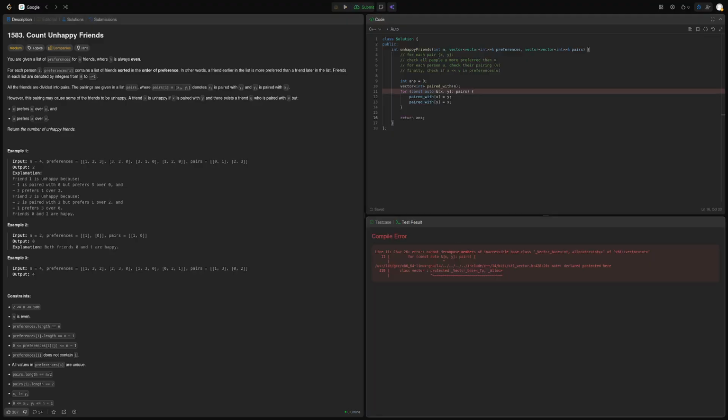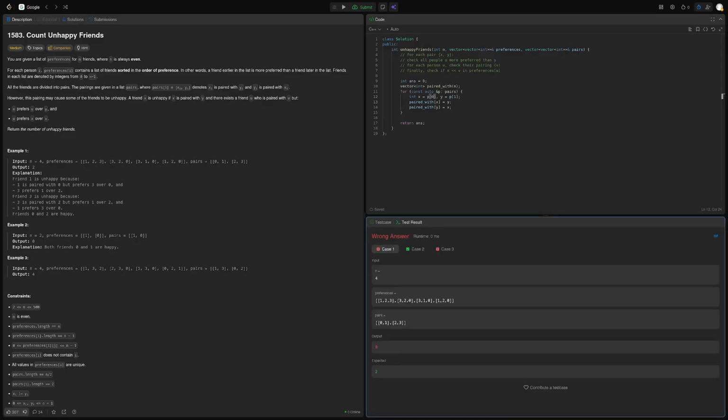let's just see if this even runs. Yeah, you cannot really do this, because who puts pairs like a vector? Const auto pair, p0, p1. Okay, this should work.